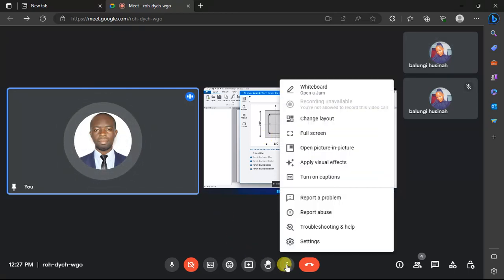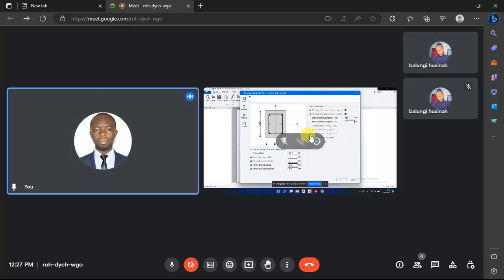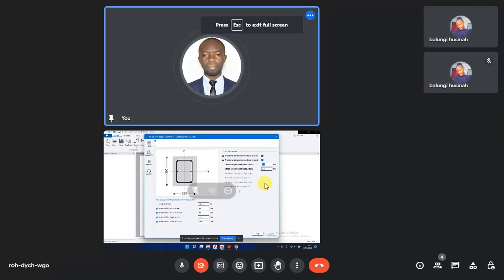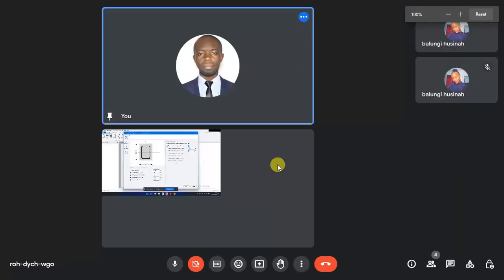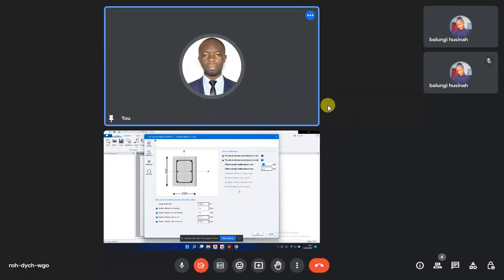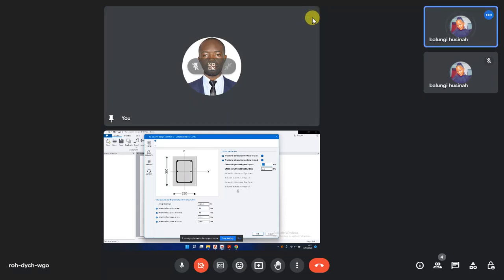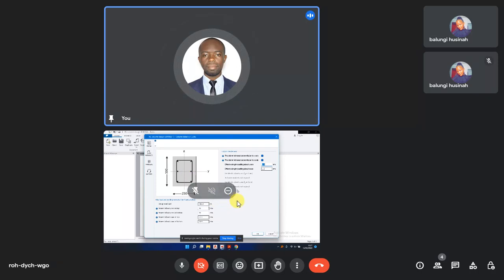I'm seeing it, but it is not zooming properly. What is it saying? I'm not seeing that properly. I'm trying to sort it out. It is my problem, not yours.